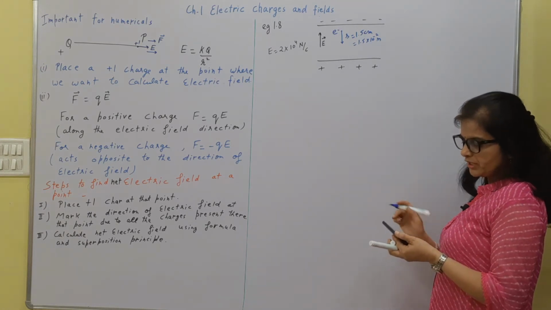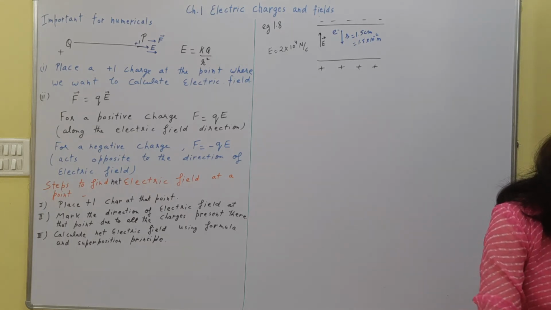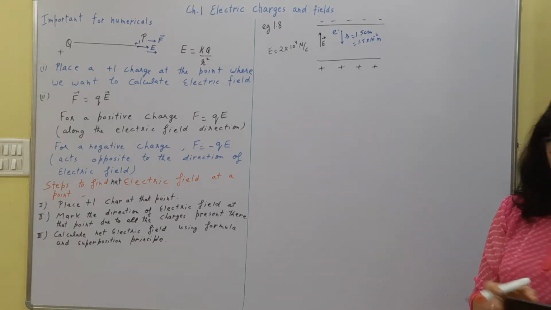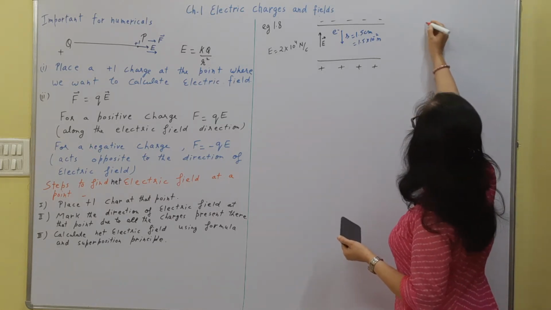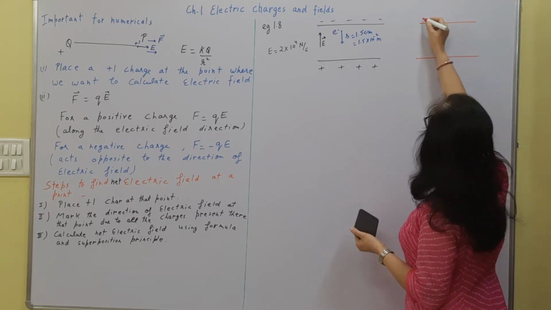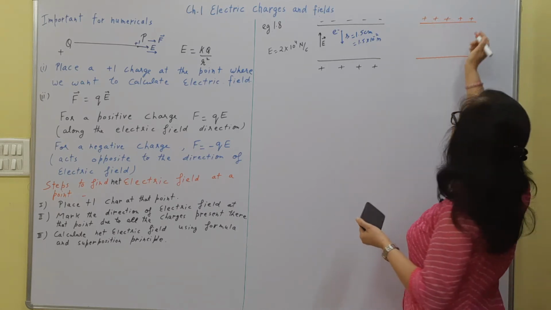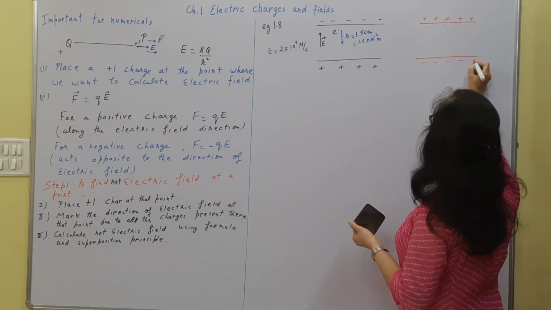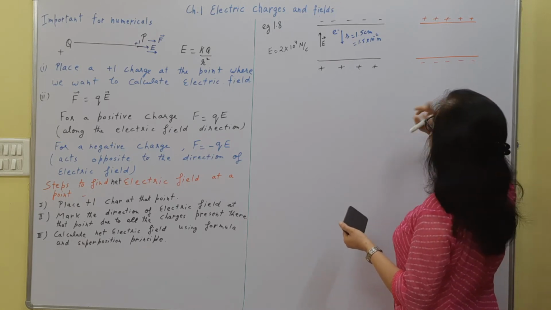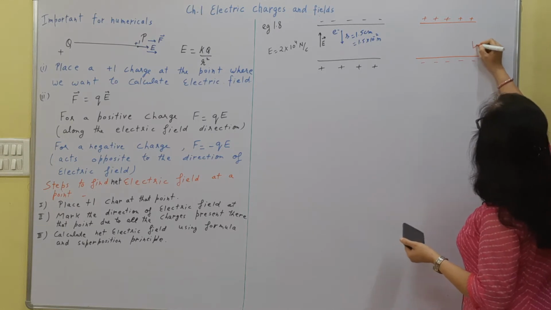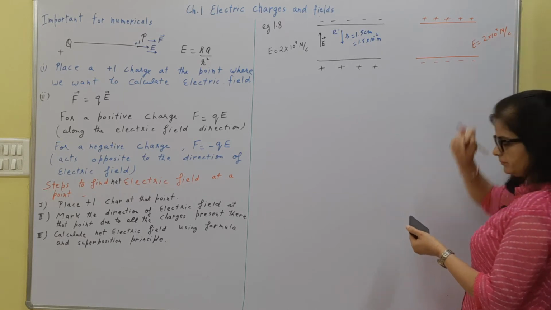The direction of the field is reversed, keeping its magnitude unchanged. That means they are talking about the second case. That means now the plus plate is there on upside. Keeping the magnitude unchanged. So in this case also, E is 2 into 10 to the power 4 Newton per Coulomb.